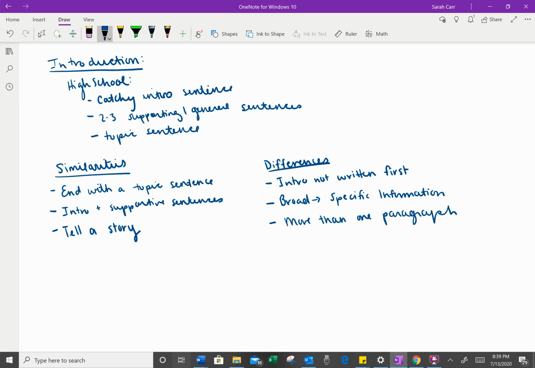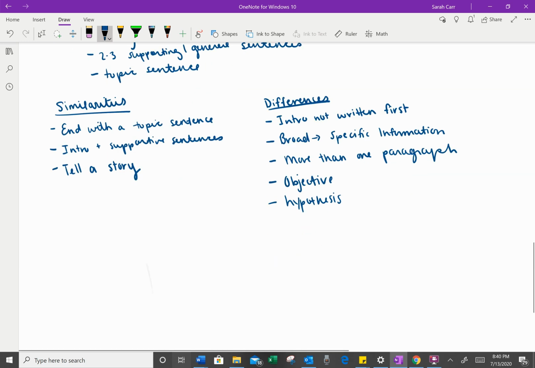And then when it comes down to what we call the topic sentence that it ends with, we actually are going to call the objective here. And this is the very specific goal of your project. And finally, following this objective, there is a hypothesis. And this hypothesis is very similar to what you would have learned when studying the scientific method previously.